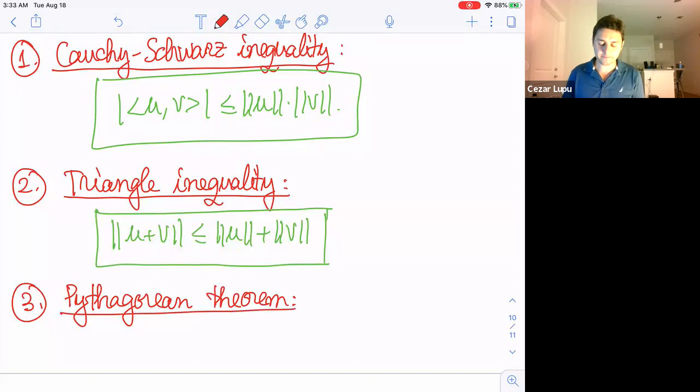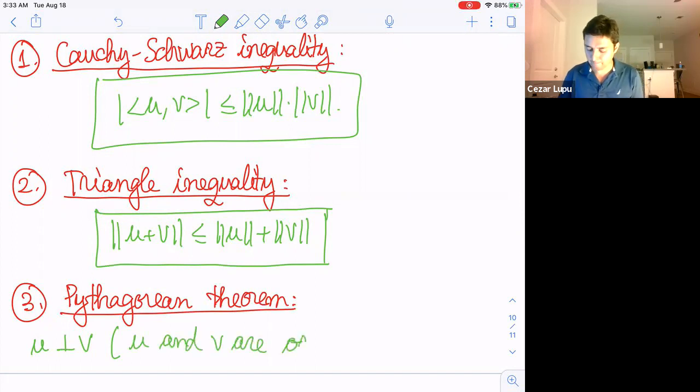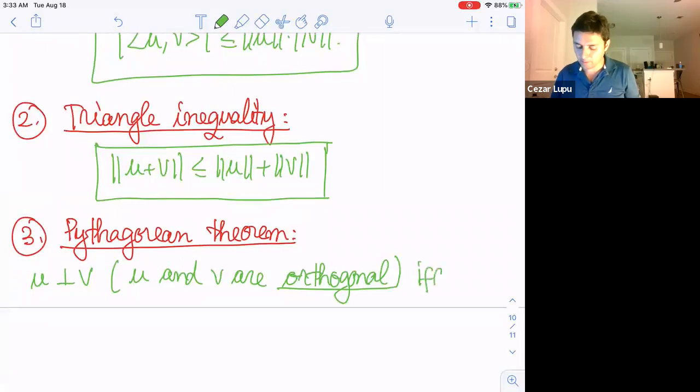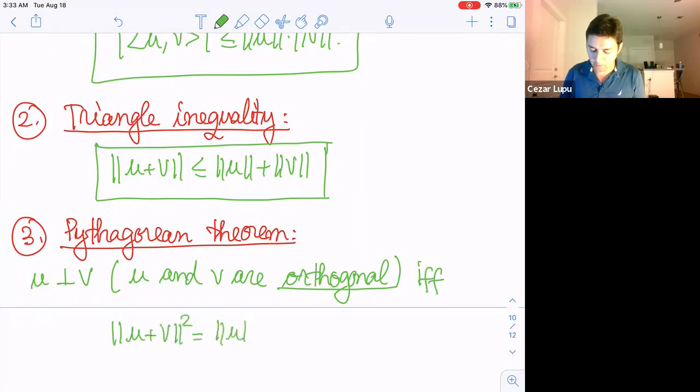It says that U and V are orthogonal if and only if the length of U plus V squared is the same as the length of U squared plus the length of V squared.